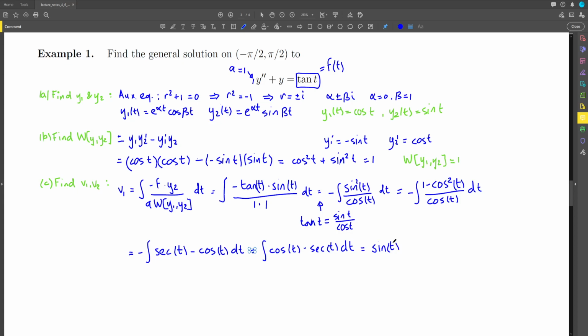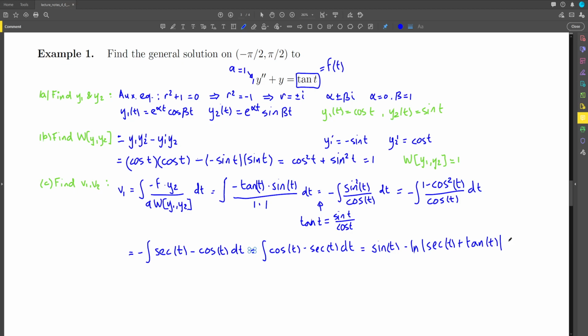The other one, the antiderivative of secant of t, is not as straightforward, and what you will have to do there is probably look that up in a table of integrals, and what you find there is ln of the secant of t plus the tangent of t.